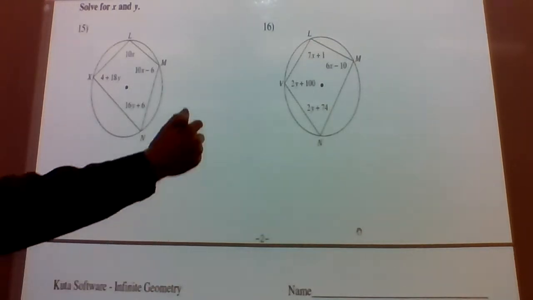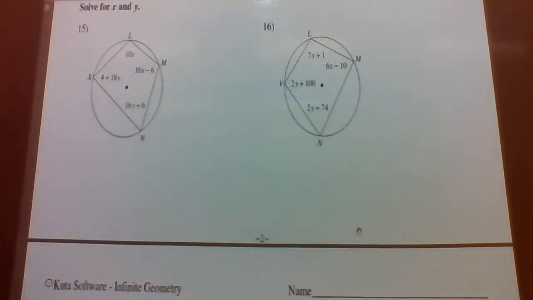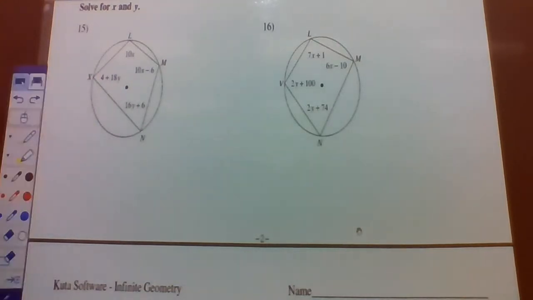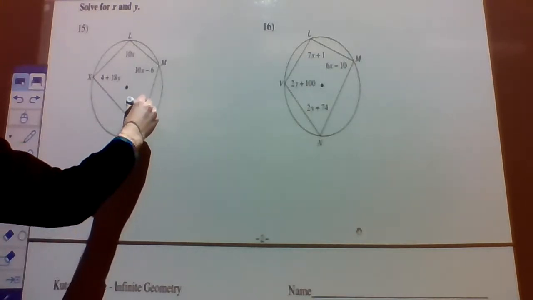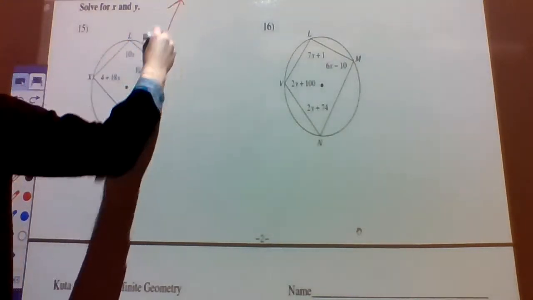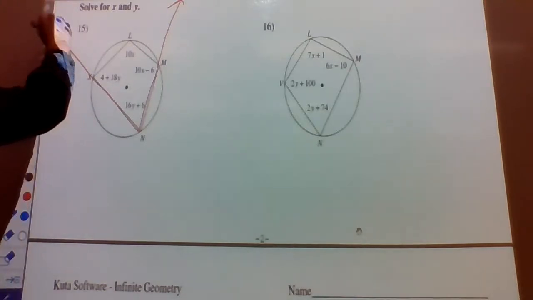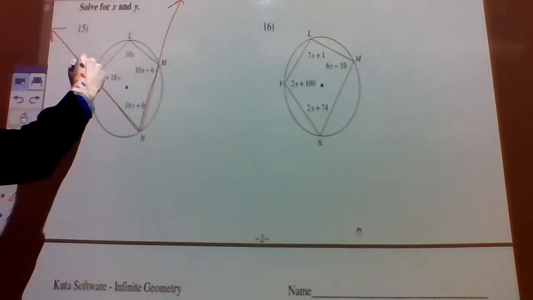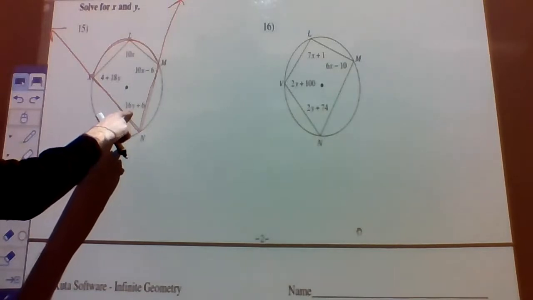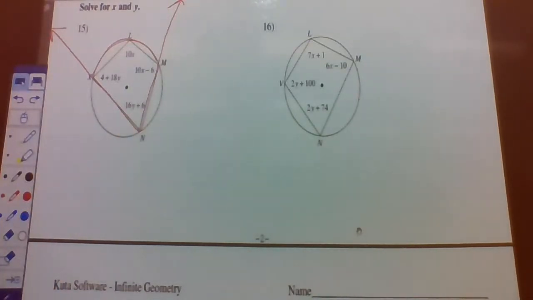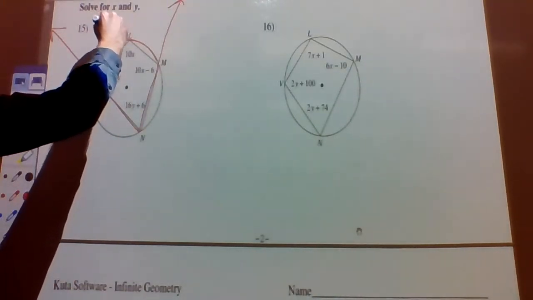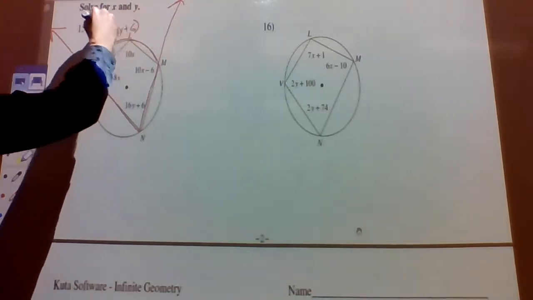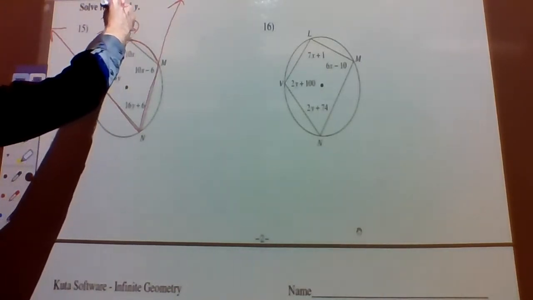Okay, let's do it. Again, this is just like 14. If we take half an arc here, so if we take this angle down here, and this angle here, we now have an inscribed arc. The length of that is going to be 2 times 16y plus 6, which is going to be 32y plus 12.